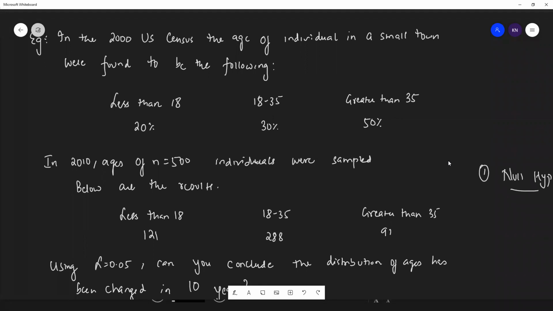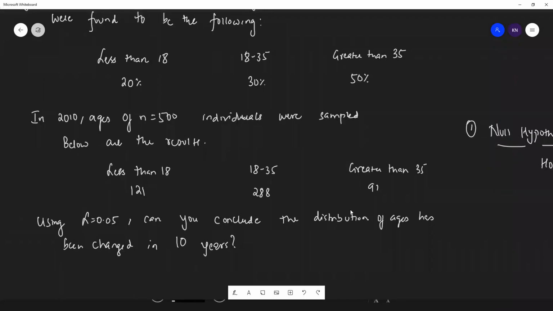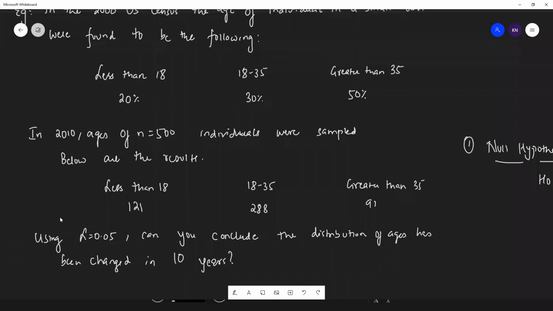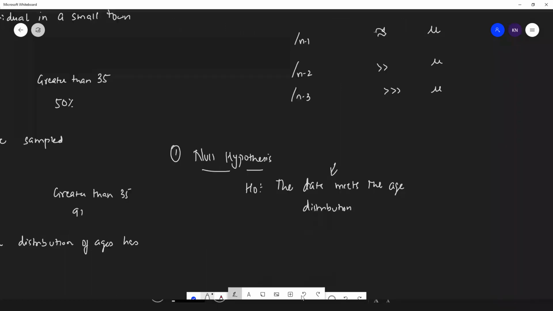In 2010, n is equal to 500 individuals were sampled. Below are the results. Less than 18 was 121, 18 to 35 was 288, and greater than 35 was 91. So using alpha is equal to 0.05, can you conclude that the distribution of ages has changed in 10 years or not? Okay.